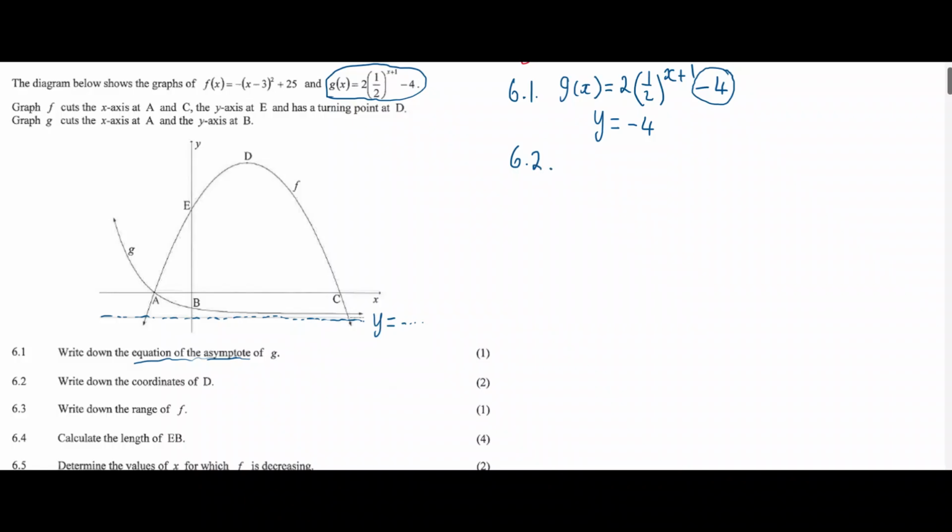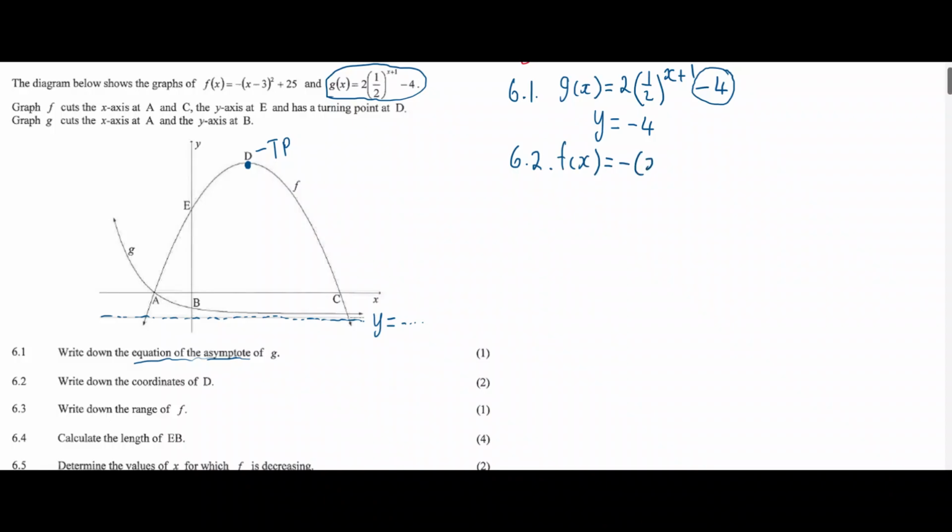Good. Now let's move on to 6.2. They need the coordinates of d. Usually when they ask for coordinates of a specific point, you have to ask yourself, what is that point? In this case, that point is the turning point.